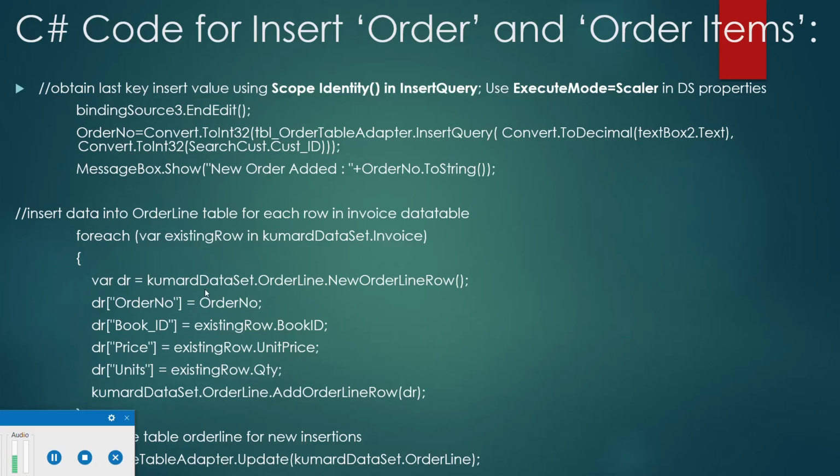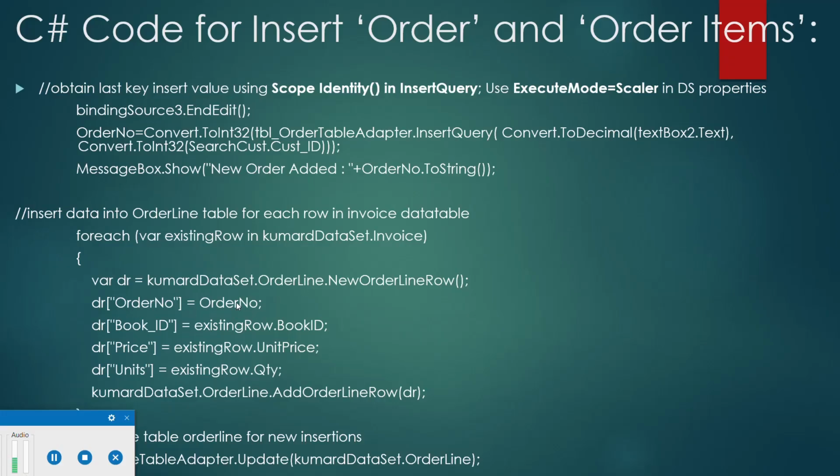So it's more convenient. And then we have a data row, where the data row is equal to dataset name.table name order line, in this case .NewOrderLineRow. So we are creating a new order line row, and of course this new order line row will have data.